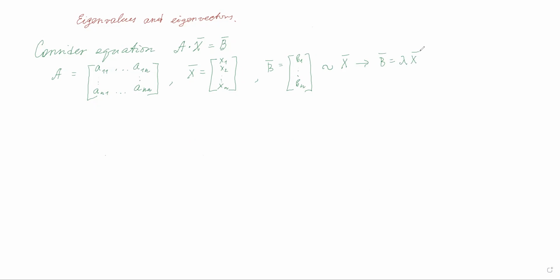Again, it's not going to happen all the time, but sometimes, if you look for something special, the equation can be modified into matrix A multiplied by vector x equals lambda vector x. Of course, it's not going to happen very often, when you take a vector, multiply it by a matrix, and get the vector itself, right?